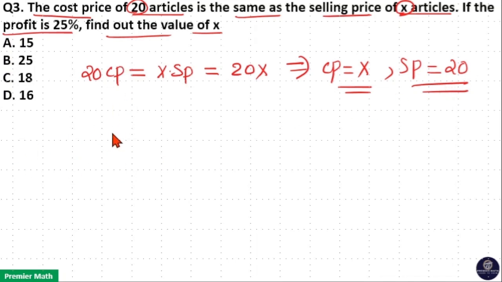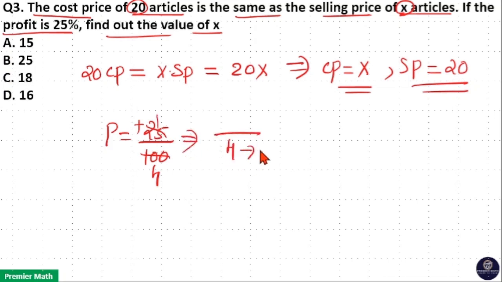Then here profit is 25% means 25 by 100. Profit means plus. Now 25 goes 4 times in 100. So plus 1 by 4 means if 4 part is the cost price, then 1 part is the profit generated. So 4 plus 1, 5 part is the selling price.